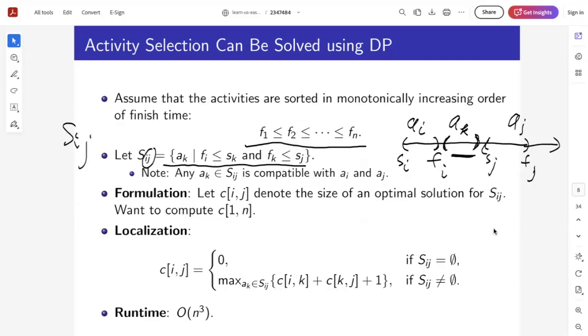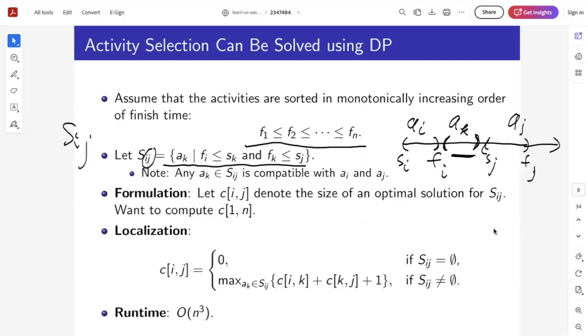So first, let's look at the formulation. We're going to name the problem. Since we're going to find the size, or the maximum number, of optimal solutions, usually we can use either the cost or the profit, depending on which angle you're looking at things.